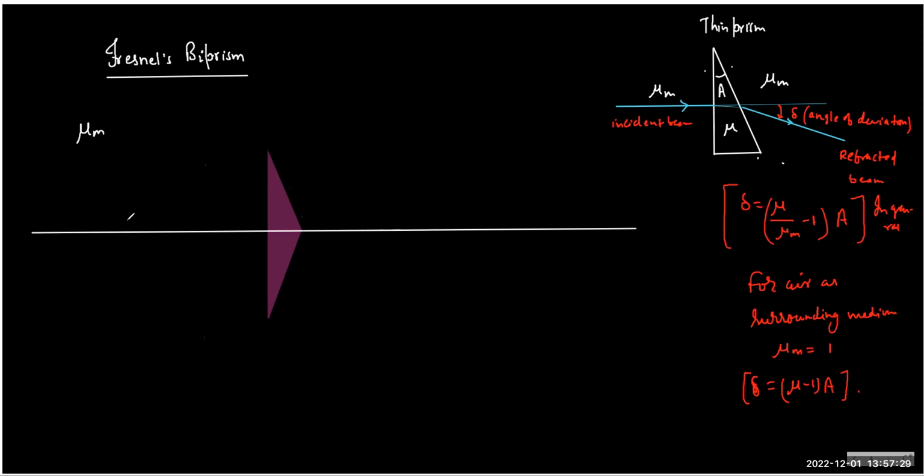So now again what we do is we use a single source which is kept symmetrically. And now we have a screen.